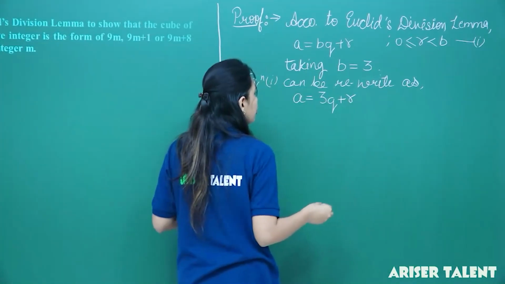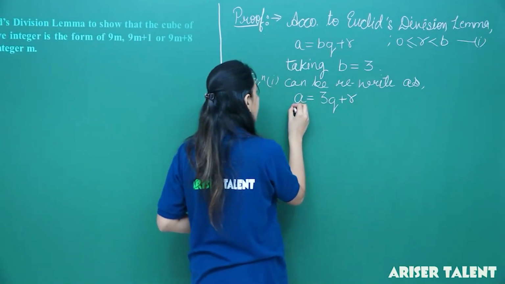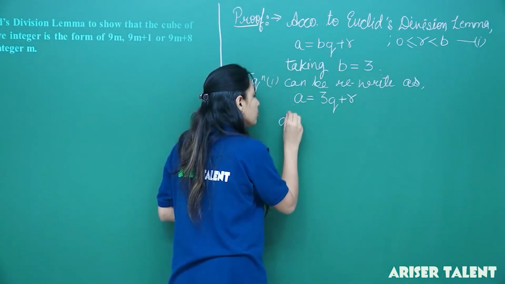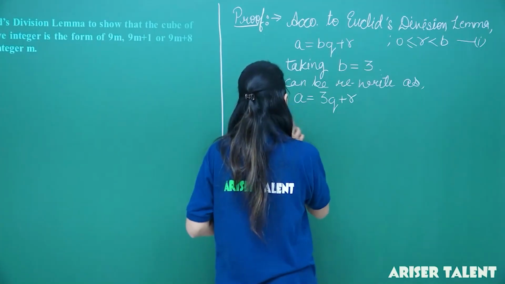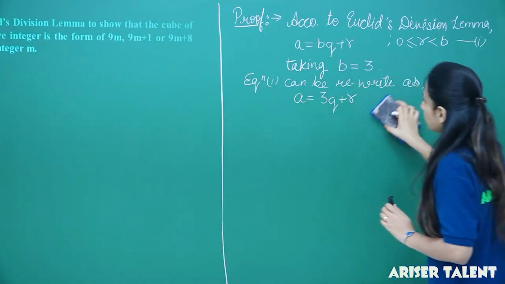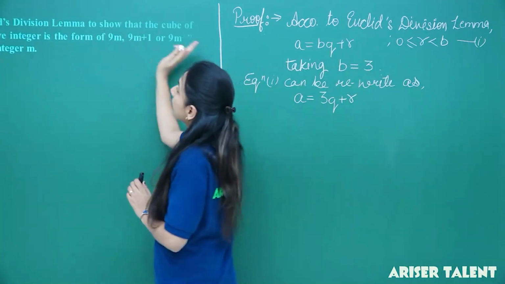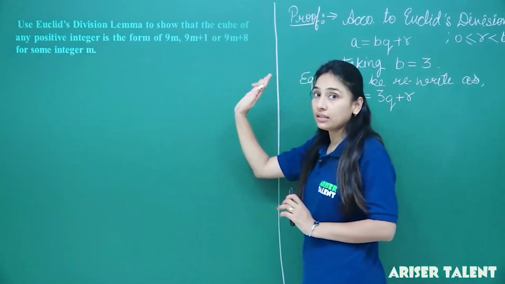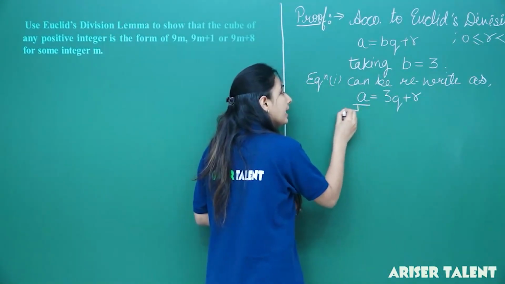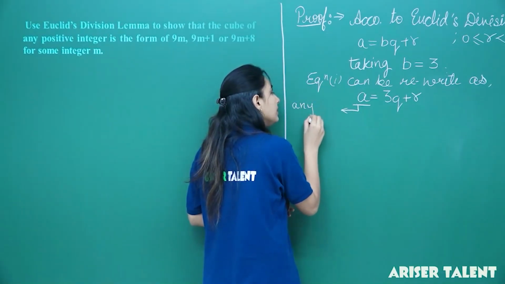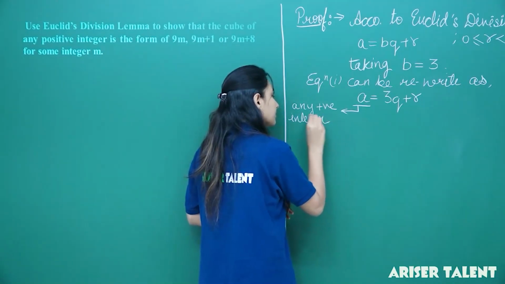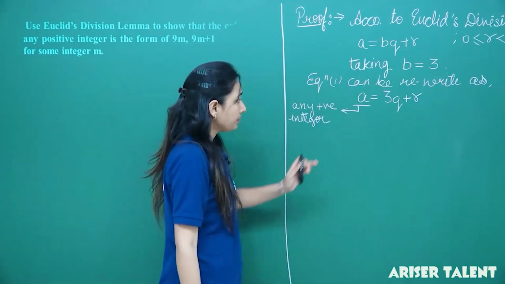Now, see the question carefully. The question has asked us for a cube. So, cubing. The question has asked for the cube of any positive integer. Now, in this we have taken a as any positive integer, right?